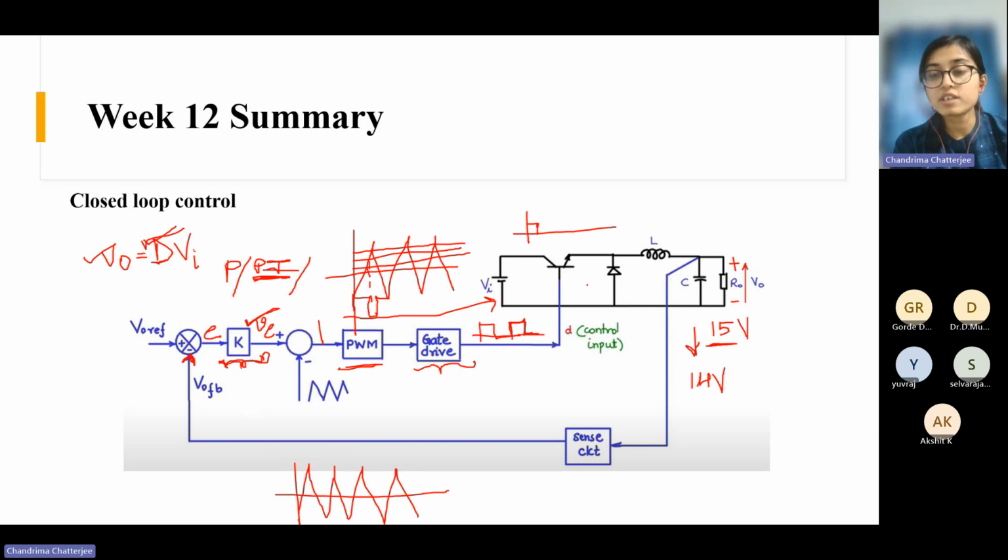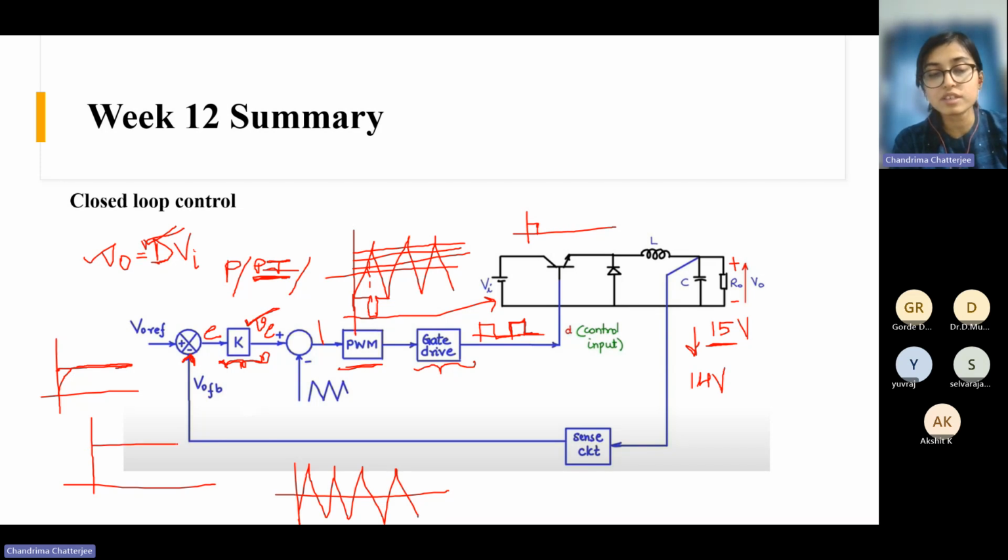Now, if we are talking about DC-DC converters, at steady state your output is a DC value. So you should ensure that in steady state your output voltage is exactly following this reference, with no steady state error. If there is some error in steady state, we call that the steady state error.